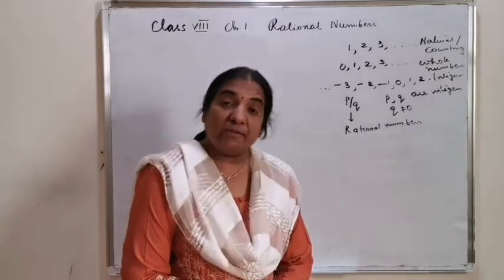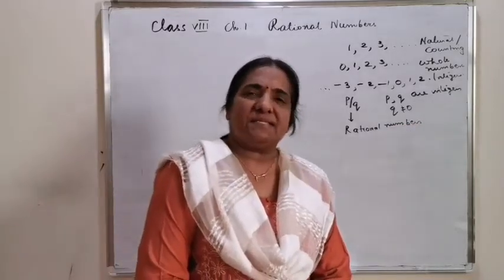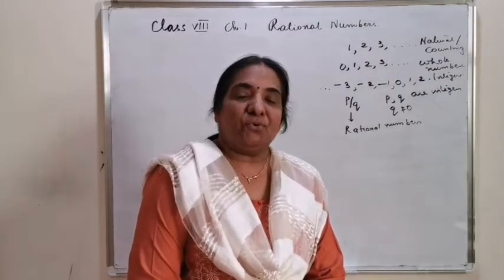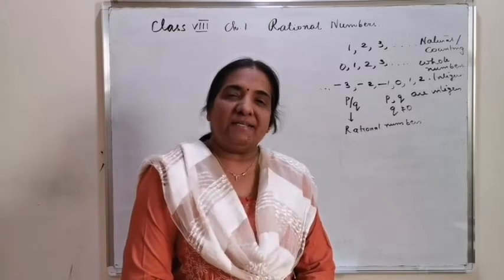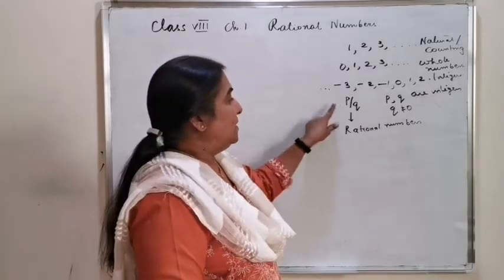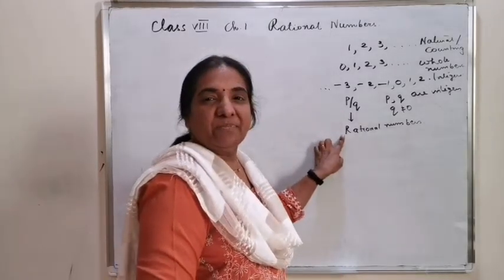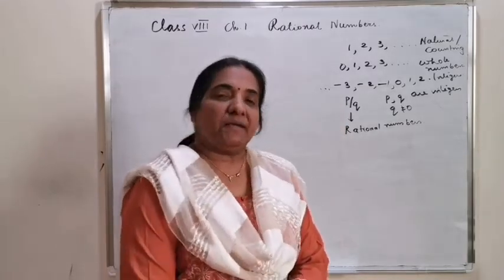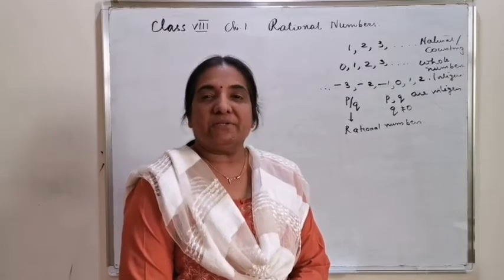Thus, in short, we can say the number system started with counting numbers, which got extended to whole numbers, then to integers, and then into rational numbers, which are in the form of p by q, where p and q are integers and q not equal to 0.